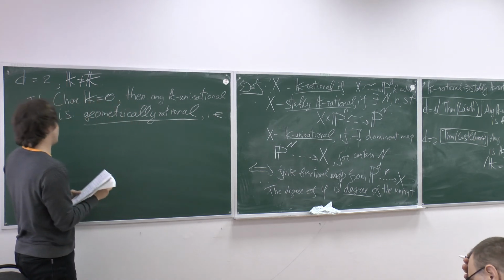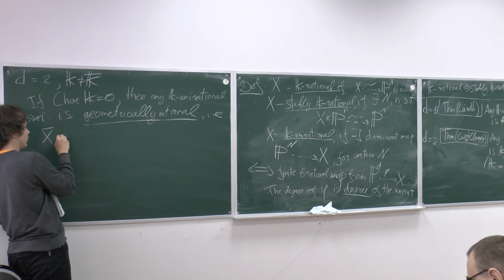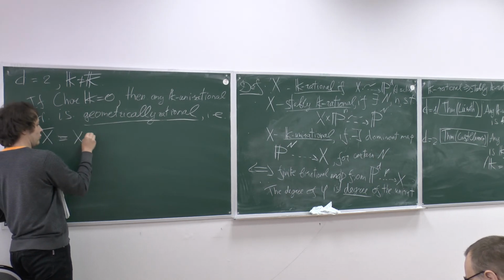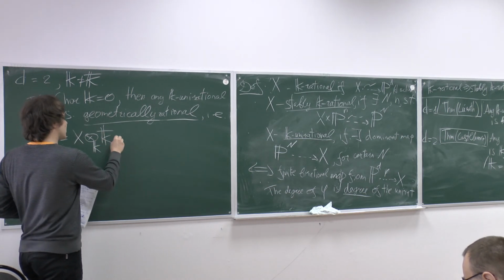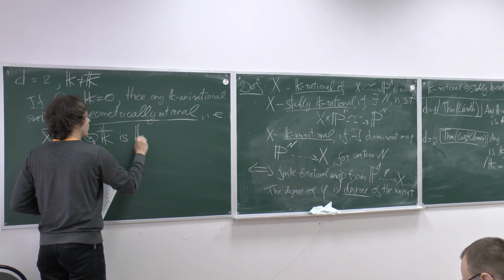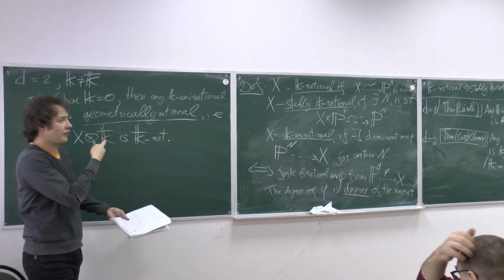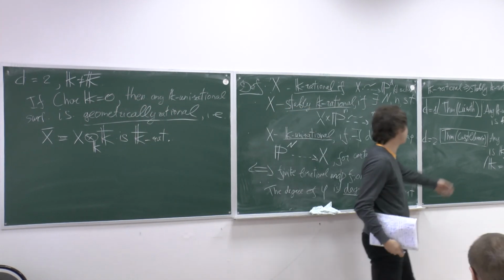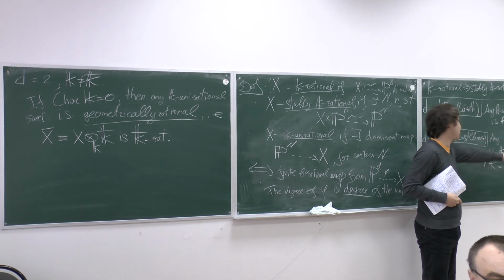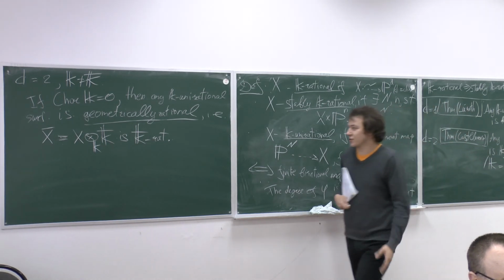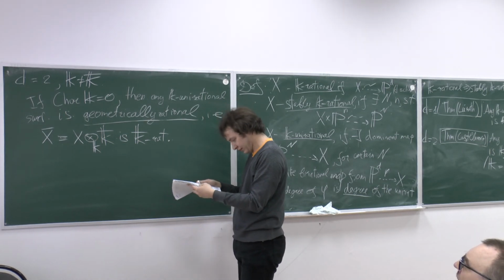That means that over the algebraic closure of the field, it is rational. This is a trivial fact, since it immediately follows from Castelnuovo's criterion: we see that just for algebraically closed fields, a k-unirational surface is k-rational, so we just replace k by k-bar and have this result.